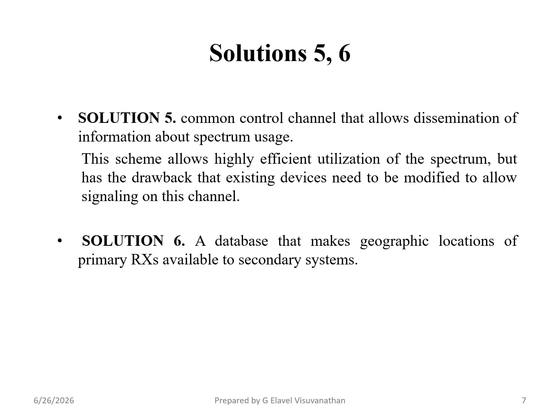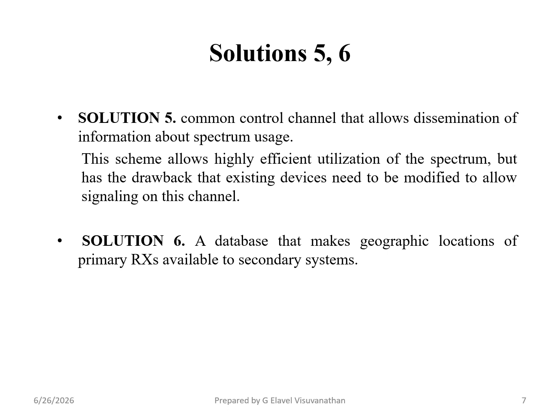Next, fifth: a common control channel that allows dissemination of information about the spectrum sensing. This scheme allows highly efficient utilization of the spectrum, but has the drawback that existing devices need to be modified to allow signaling on this channel.